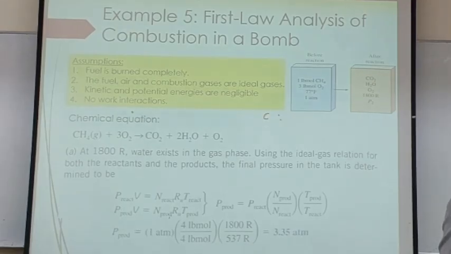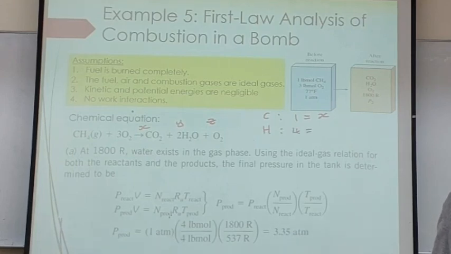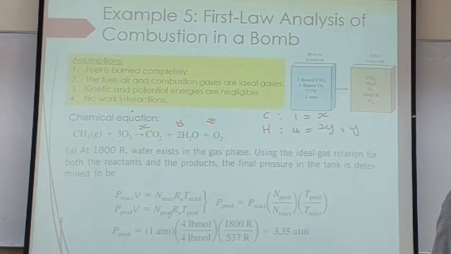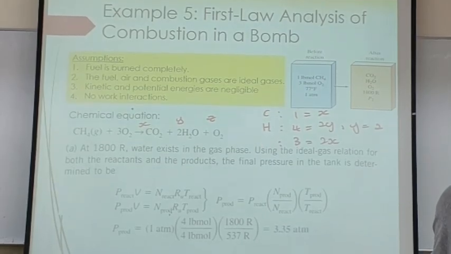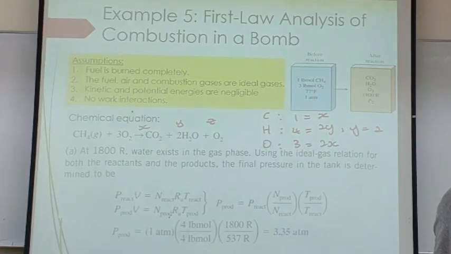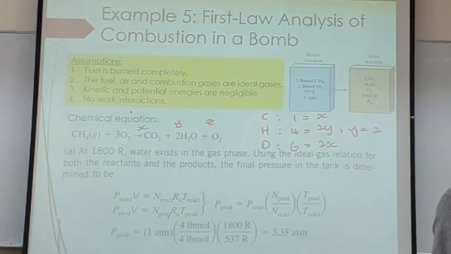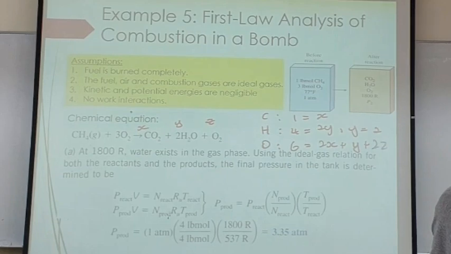For C, on the left is 1, and on the right, let's call the coefficients X, Y, Z. Then you know this is X. Balance with H: on the left you have 4, on the right you have 2Y, so Y equals 2. Then we balance the O. On the left we have 6 O, on the right we have 2X plus Y plus 2Z.